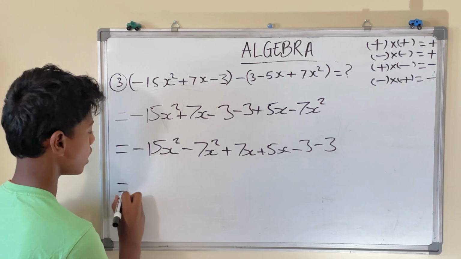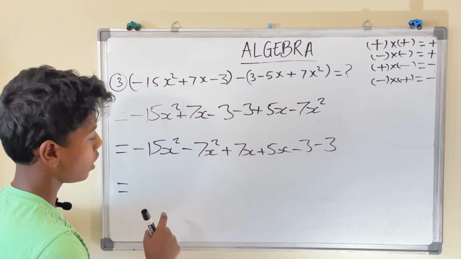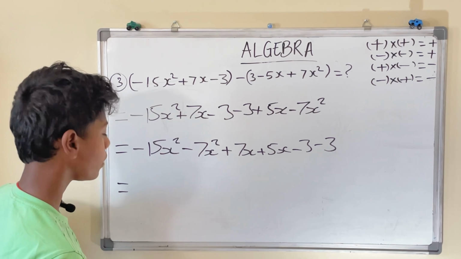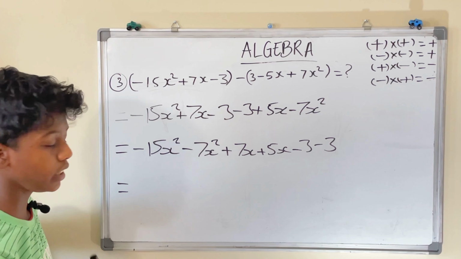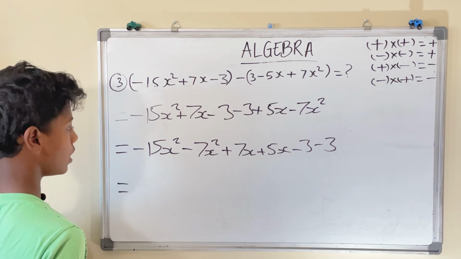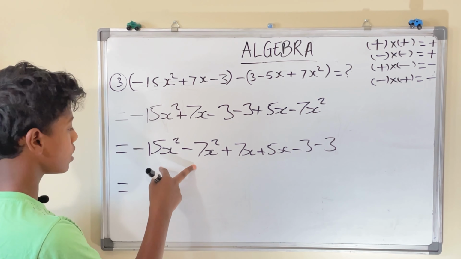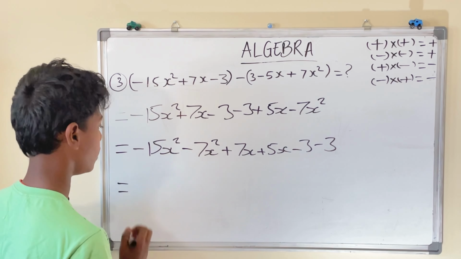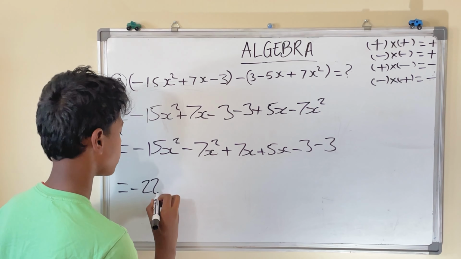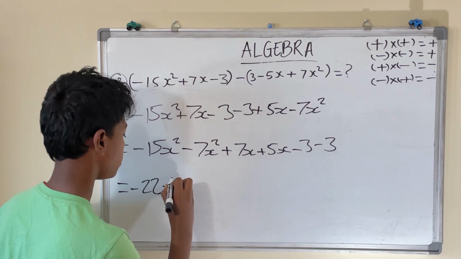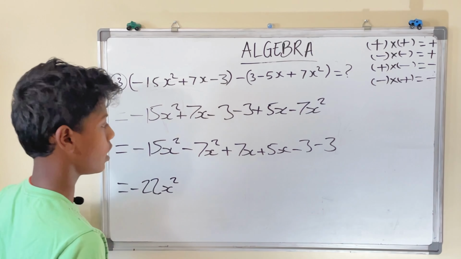So you can write another equal sign. Negative 15x squared minus 7x squared. Negative 15 minus 7 would be negative 22. It's just adding both of these numbers and then putting our negative sign in the front. So negative 22, then we just write down x squared: negative 22x squared.